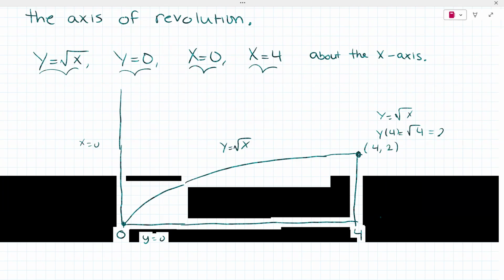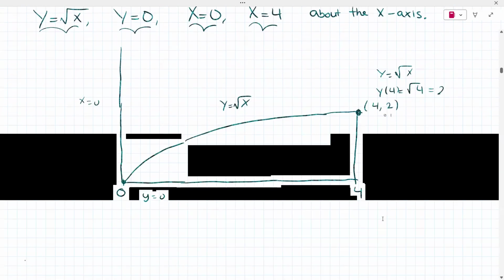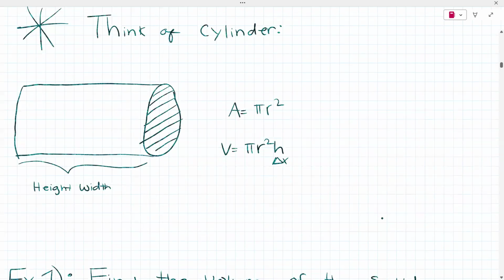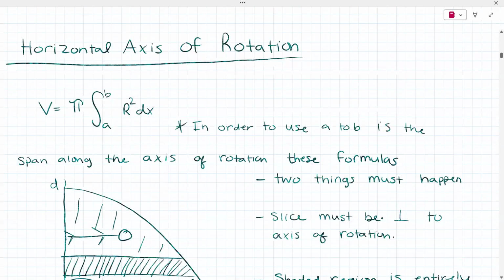Okay, so let's draw our image. So let's see what they're saying. It says find the volume of the solid formed by revolving the bounded region about the axis of revolution, about the x-axis. So the x-axis is right here. And what is the rule when it's bounded across the x-axis? Horizontal axis, right?